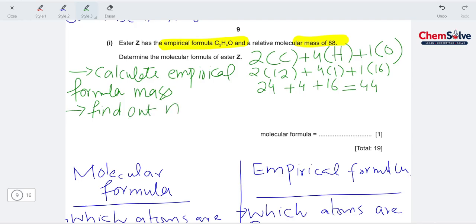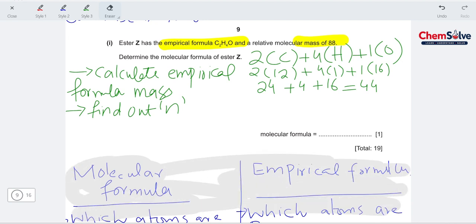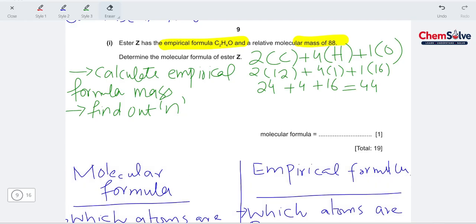Okay, next step is to find out N. In order to calculate N, I will use a formula.